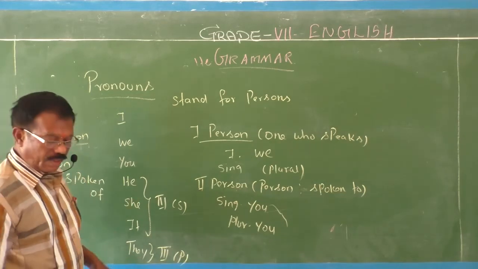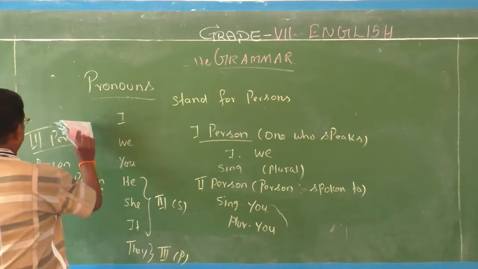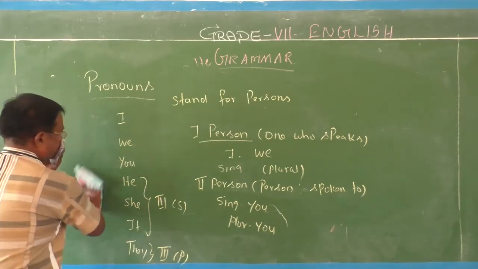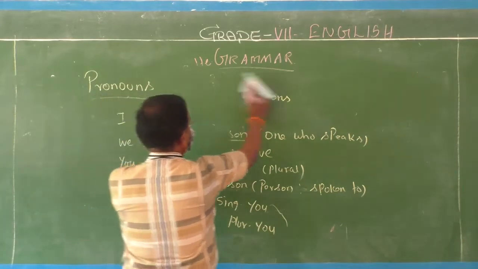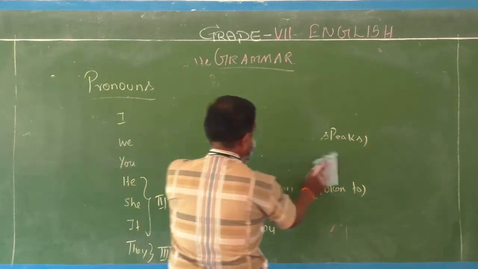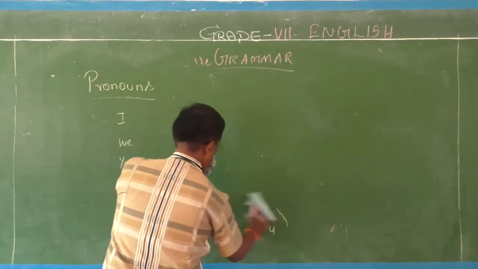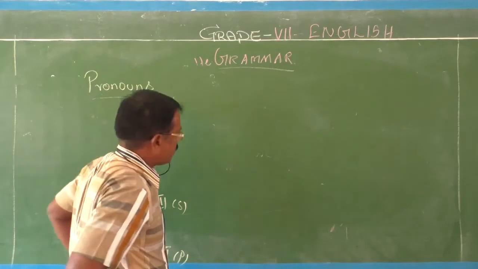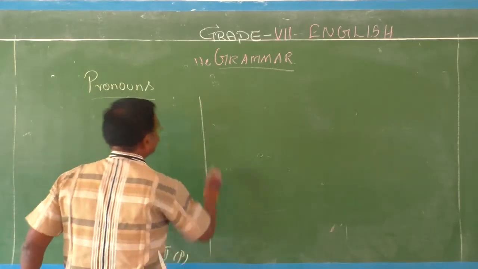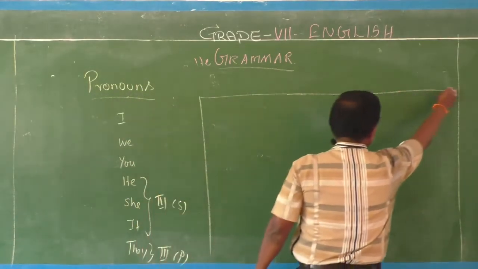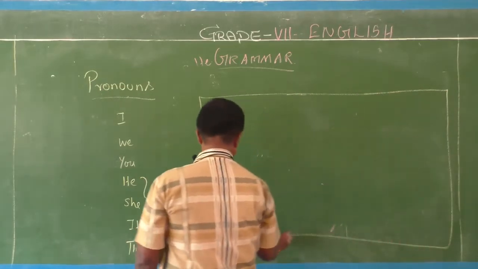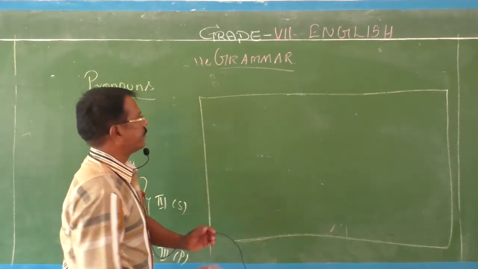Okay. Now, one more thing you have to learn. I will give it in the form of a table. Then you could easily understand. See, this is the table which helps you to understand the persons clearly.